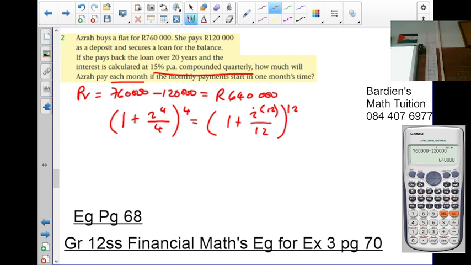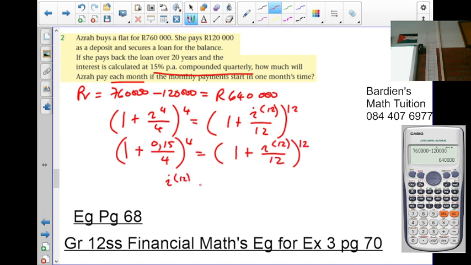It's compounded quarterly, so it's 1 plus 0,15 over 4 to the exponent 4 is equal to 1 plus i to the 12 over 12, to the 12. Now I want to calculate i_12, so I need to work out the 12th root of this. It's 12 times the 12th root of, in brackets, 1 plus 0,15 over 4 to the exponent 4, minus 1.